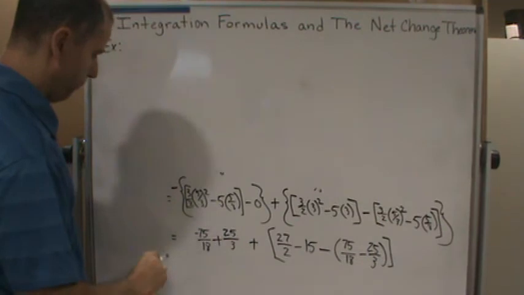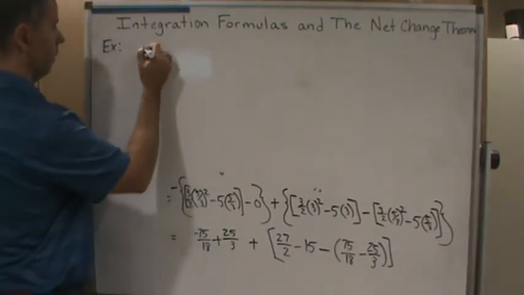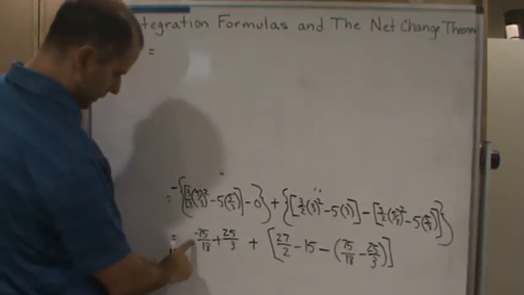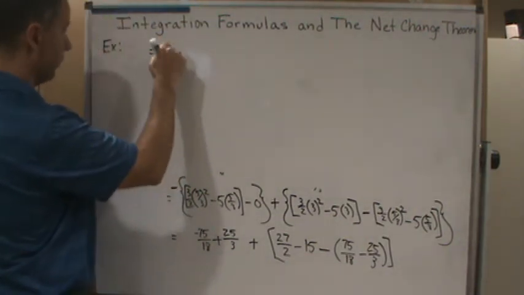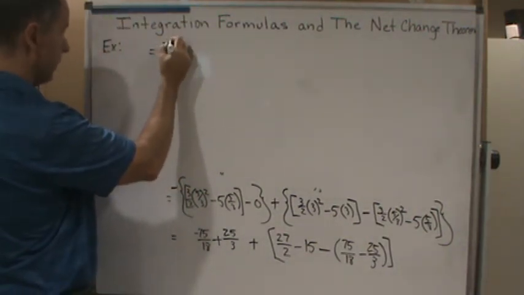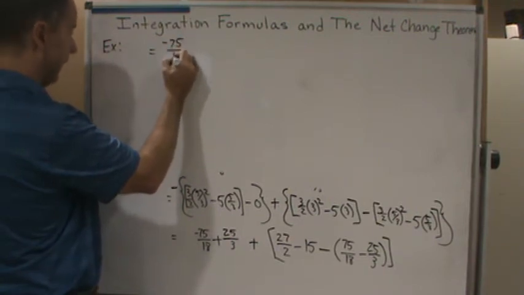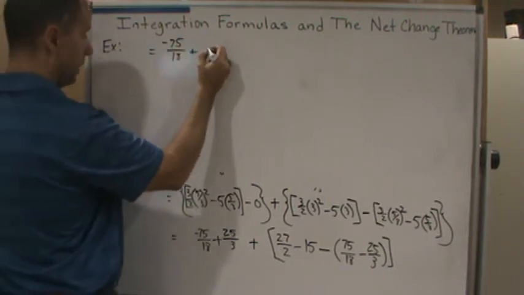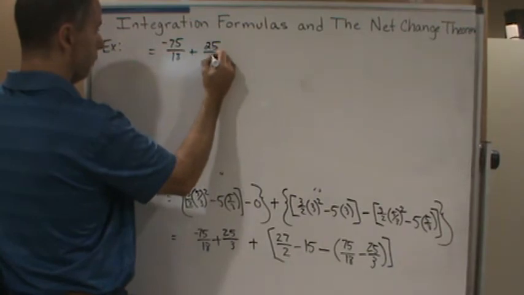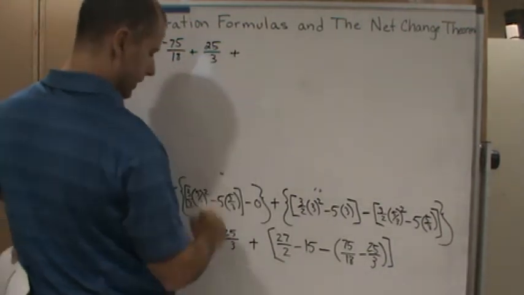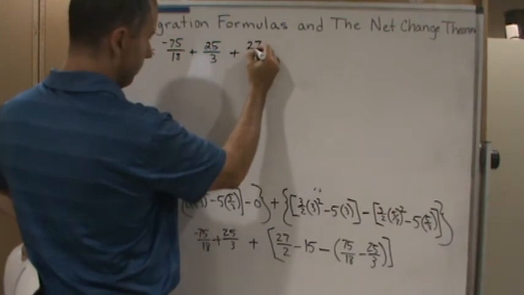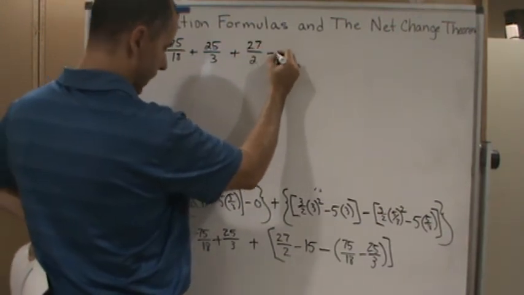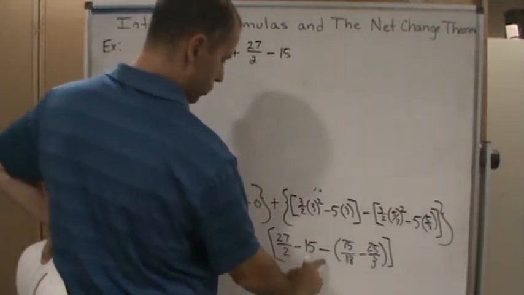Okay, so now, what do I have now? Let me hold off before I start doing anything with that. So negative 75 over 18 plus 25 over 3 plus, now, this gives me 27 over 2 minus 15. Now I'm going to subtract off this.